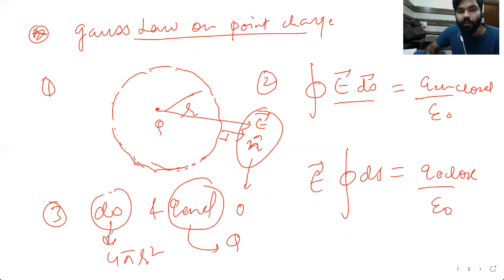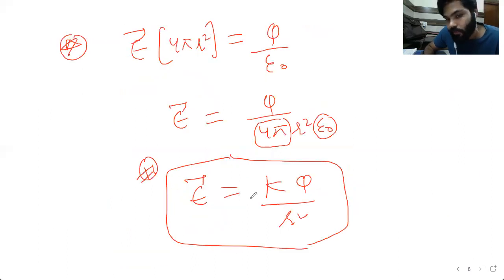The ds for the Gaussian surface is 4 pi r square and Q enclosed by it is Q. I just put it inside the Gauss law and I end up with electric field as k q over r square, and this is our required answer.